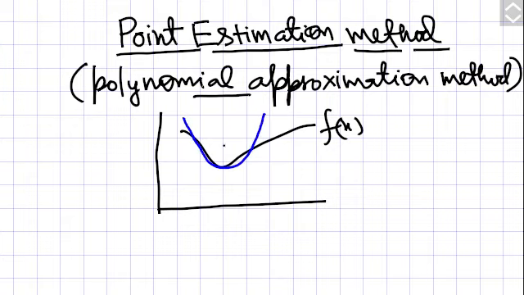Then we can very easily find its minimum point by the analytical method: d over dx of the function equal to 0 will give you the optimum value.